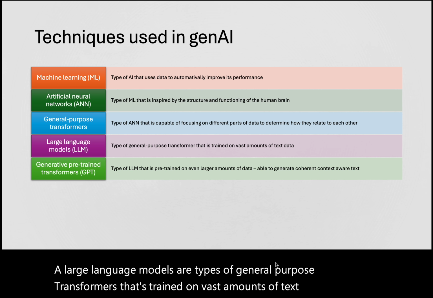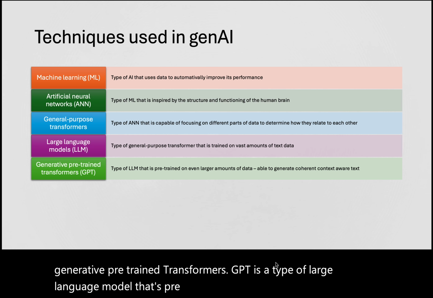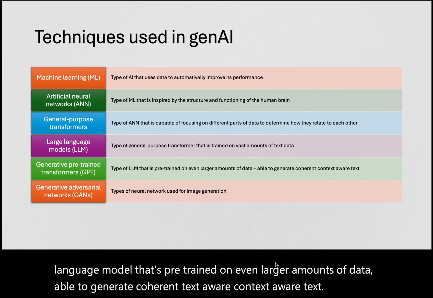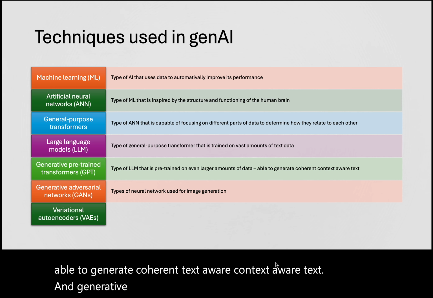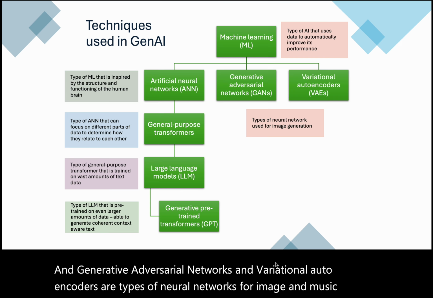Generative pre-trained transformers, GPT, is a type of large language model that's pre-trained on even larger amounts of data, able to generate coherent, context-aware text. And generative adversarial networks and variational autoencoders are types of neural networks for image and music generation.